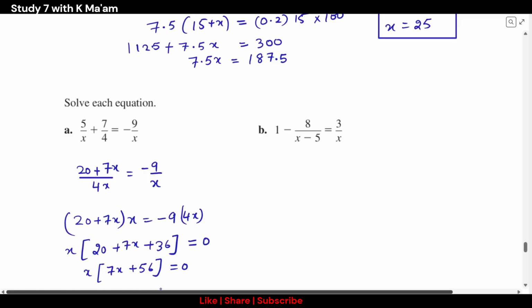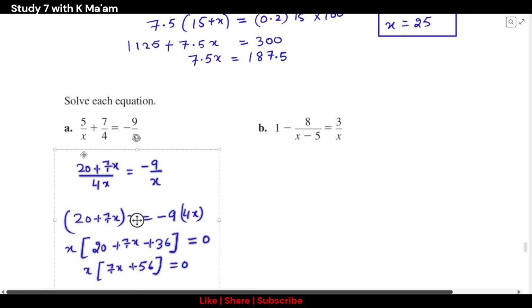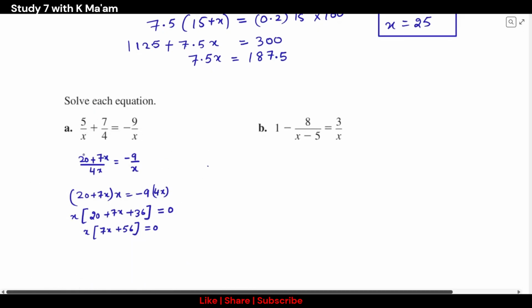The product of the two terms is 0, so either the first term is 0 or the second term. So either x equals 0 or 7x plus 56 equals 0. 7x will be negative 56, x will be negative 8. So you have two answers, 0 and negative 8.